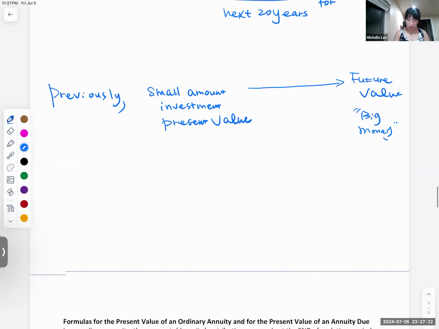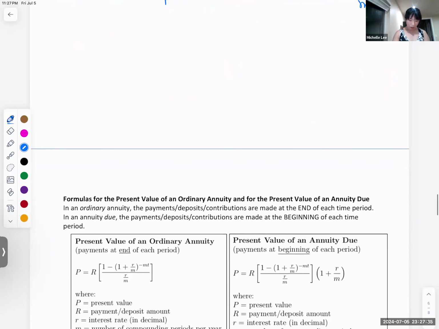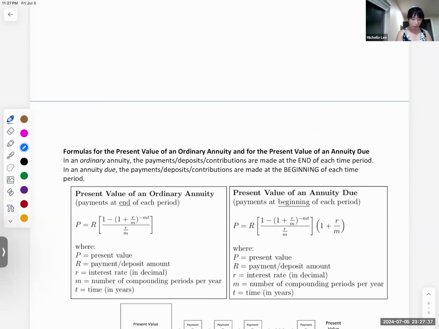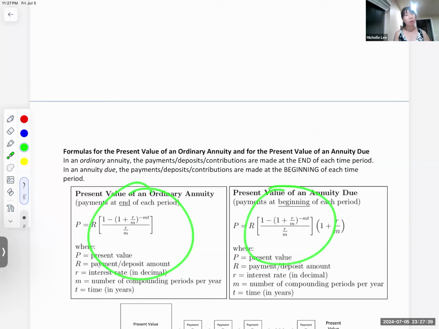Okay, so this formula, we saw this one earlier. They say ordinary annuity. In an ordinary annuity, we make a payment, deposit, contribution at the end of each time period.